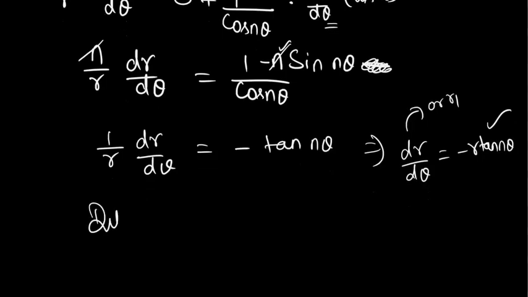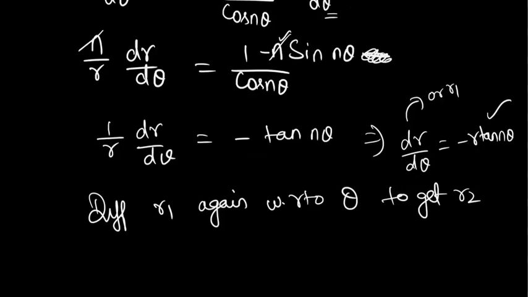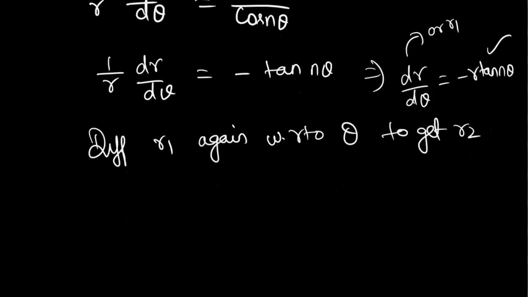So differentiate r1 again with respect to theta to get r2. So if I differentiate dr/dθ, what I will get? d²r/dθ² on this side.